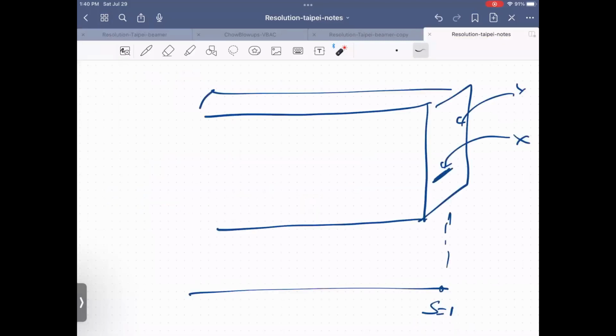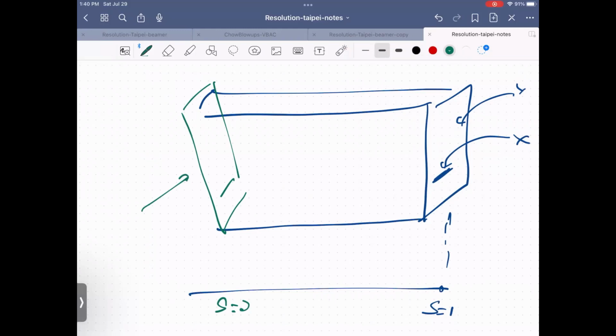Maybe I'll draw it in a different color. So the fiber with s equals 0, this is the normal bundle of X inside Y, the total space of the normal bundle. So what you get here is the deformation to the normal bundle.